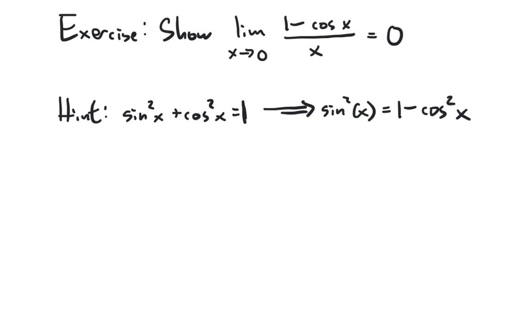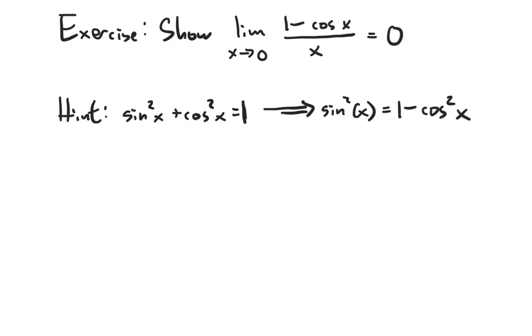As an exercise for you guys, we can show that the limit as x approaches 0 of 1 minus cos x over x equals 0. And to do this, you're going to have to remember that 1 minus cos squared x is the same thing as sine squared x. You can kind of just rearrange sine squared plus cos squared equals 1 to see that.